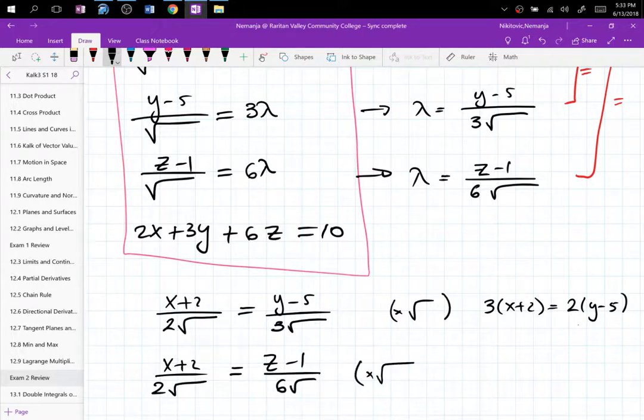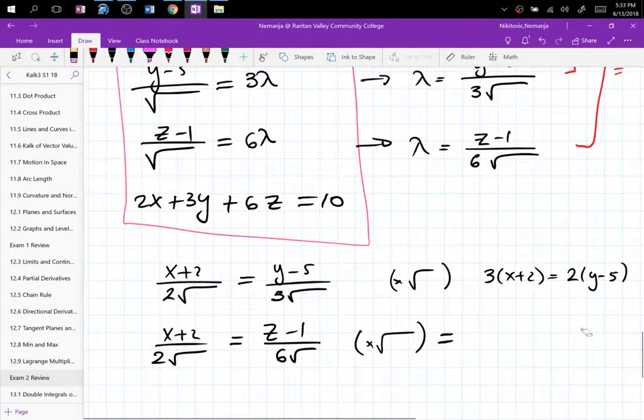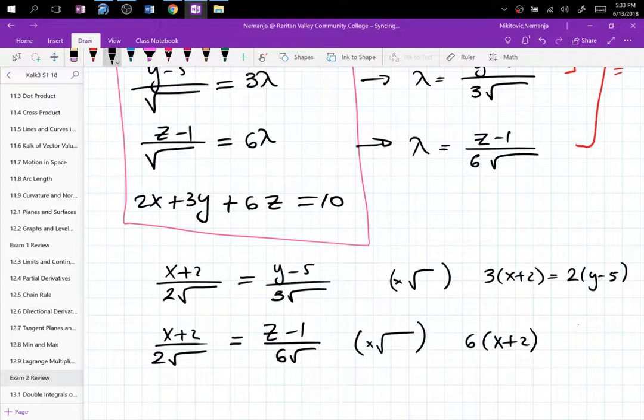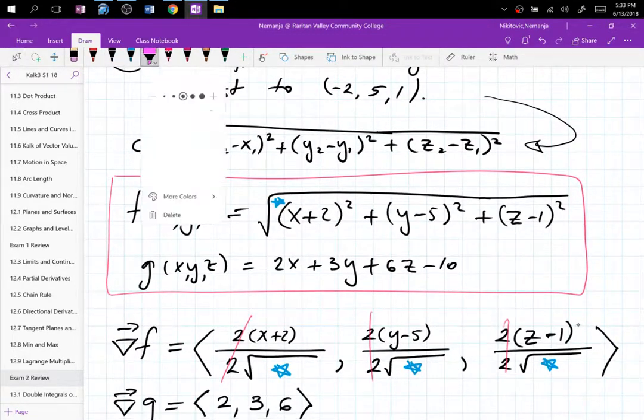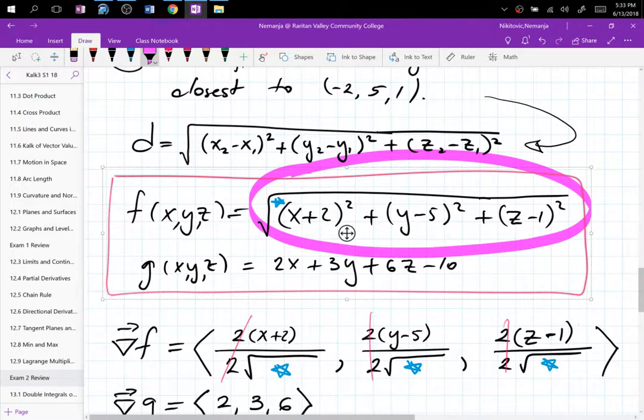Again, multiplying by the square root, we get 6 times (x plus 2) equal to 2 times (z minus 1).